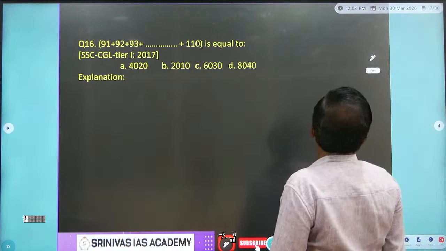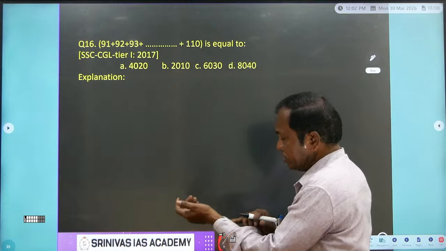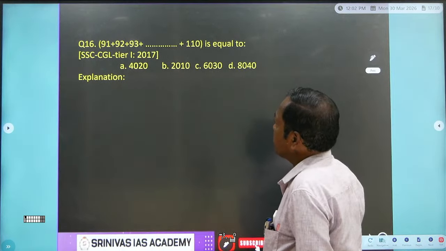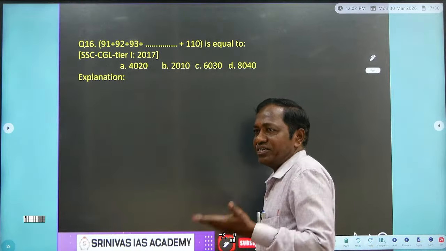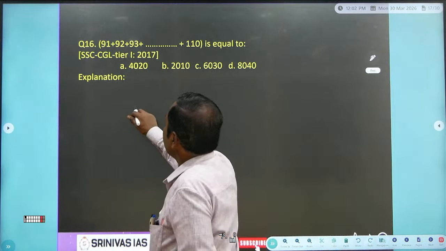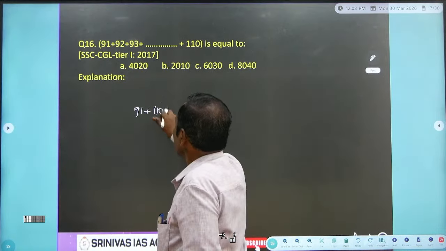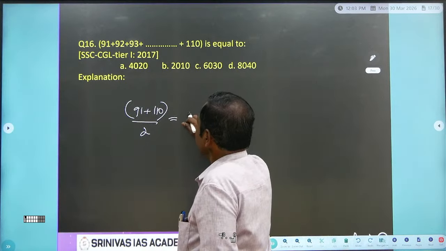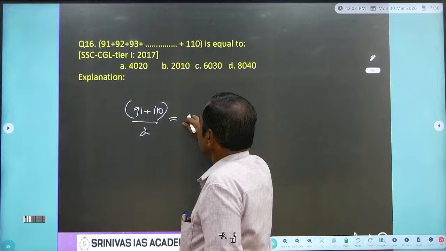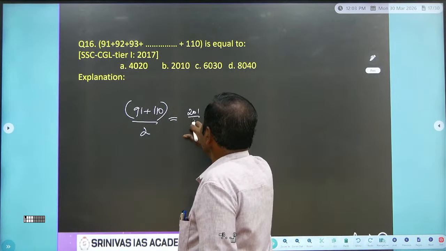Next one, a very simple one you can do. 91 plus 92 plus 93 up to 110 is equal to what? Take the first number from the beginning and the first number from the last, divided by 2. 91 plus 110 is 201, by 2.